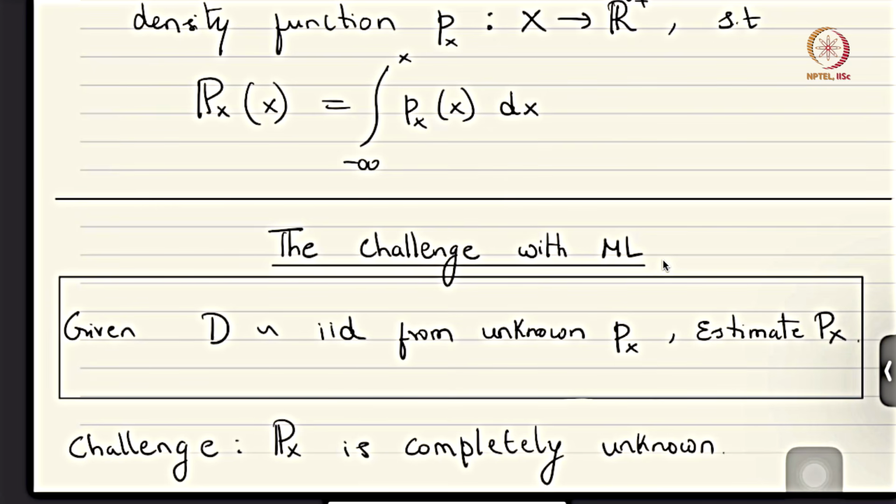Because they are density estimators, there cannot be one correct density estimator, right? But you can compare density estimators depending upon some metrics. The challenge is that the underlying distribution is completely unknown, and we have to get it from the samples.